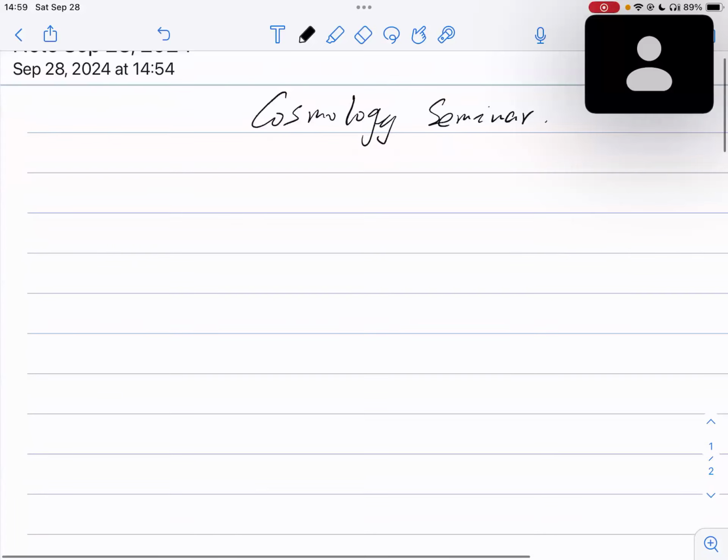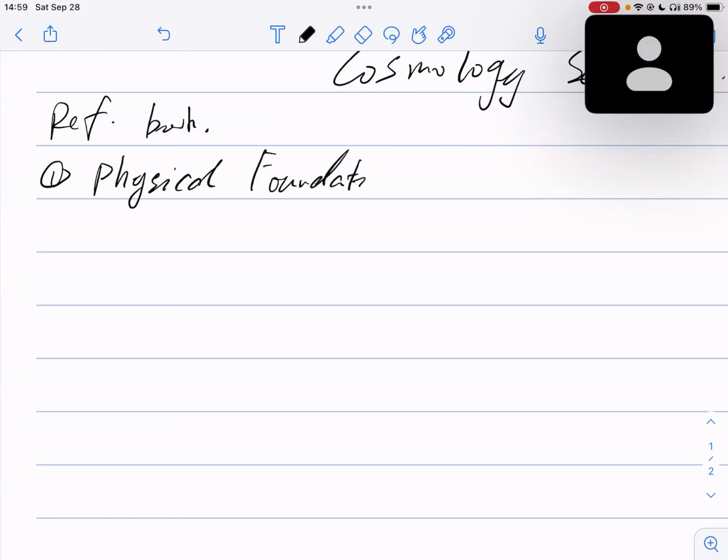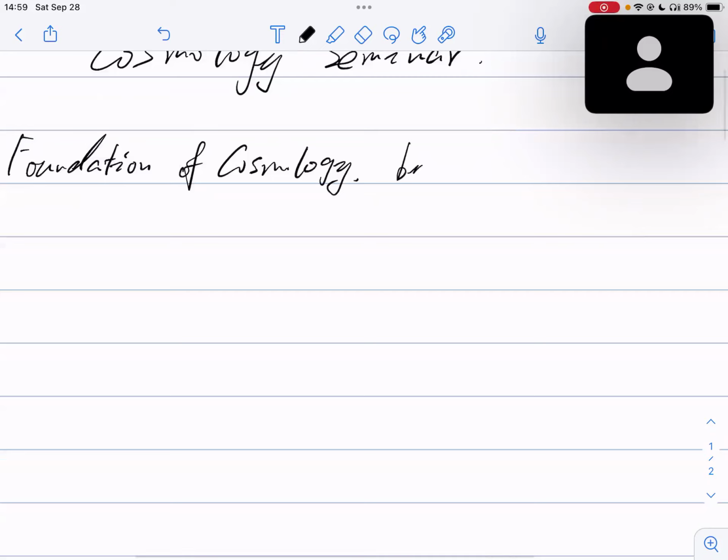Okay, so first things, I will talk about something about the reference books. There are several textbooks on cosmology, and I will refer to some of them. The first one is Physical Foundations of Cosmology by Mukhanov.